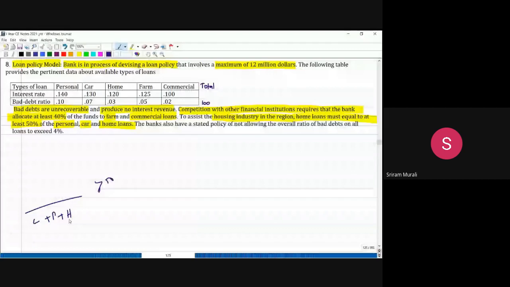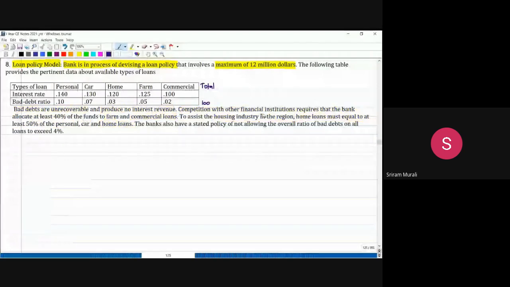The bank has also stated a policy of not allowing the overall ratio of bad debt loans to exceed a maximum of 4%. So these are the constraints which are given to us.